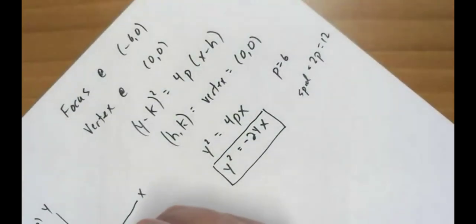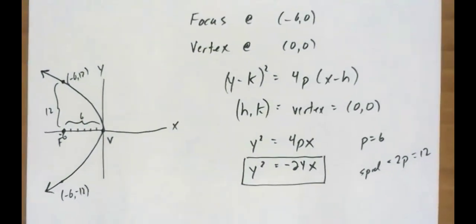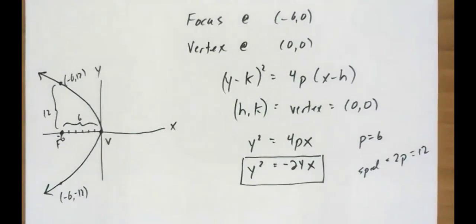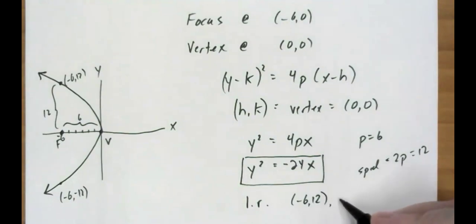And then with the latus rectum, we can sort of graph this parabola. For the actual points, for the latus rectum, I'll just call it LR, would be -6, 12, and -6, -12.